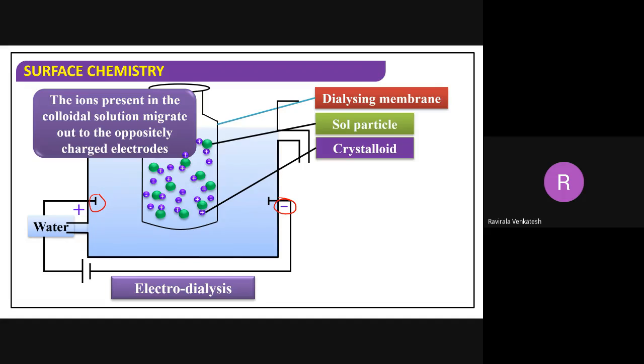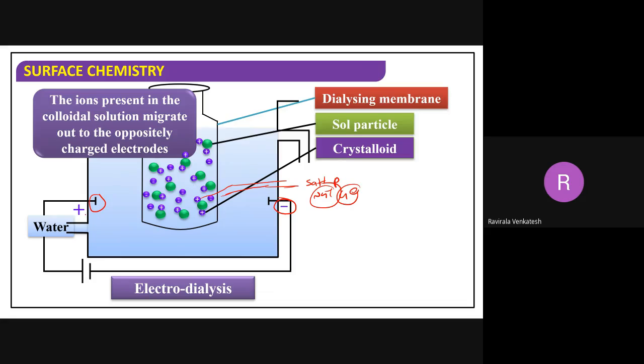Now, these positive and negative ions are salt particles, for example Na+ and Cl-, which you call impurities. You are removing salt particles like NaCl impurities. The green part is nothing but the colloidal particle.